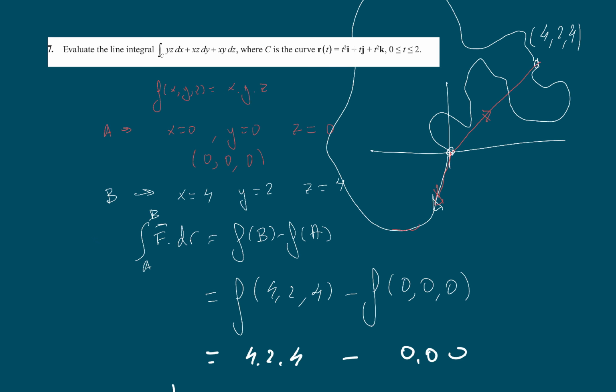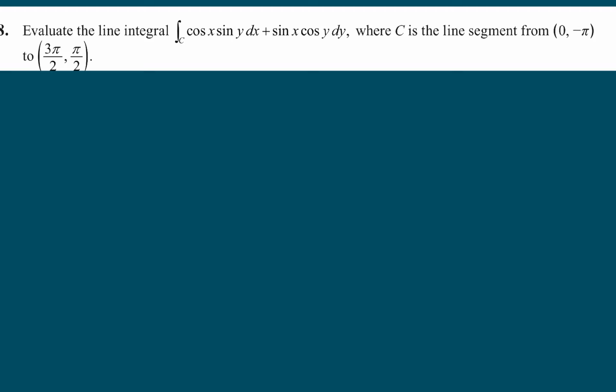Okay, next problem. Now let's go to a similar problem. The vector function, the vector field, is cosine of x sine of y i plus sine of x cosine of y j.